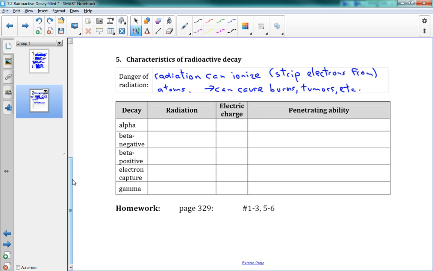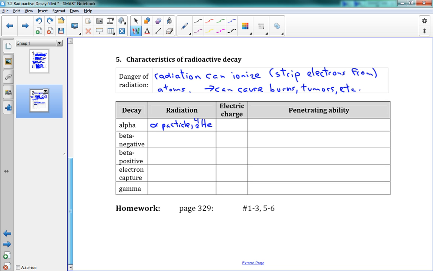All right. So in the end here, we're just going to summarize these different types of decay and say something about this penetrating ability. And I'll say what that means in a second. But for alpha decay, the radiation we had was an alpha particle, which was our 2,4-He.